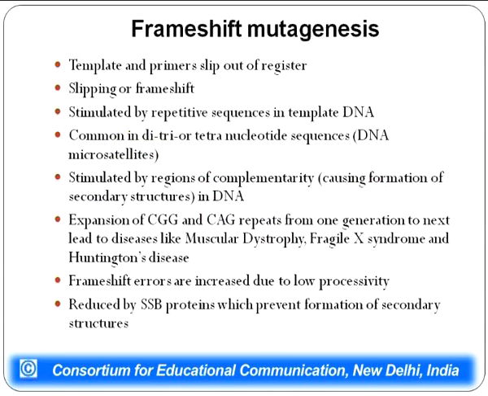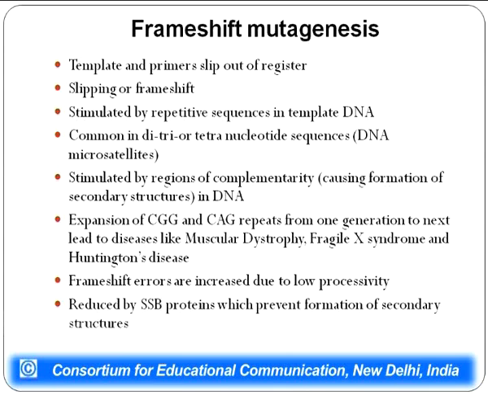Now, there are certain mutations known as frameshift mutations which occur whenever there is a repeat of dinucleotides or trinucleotides in the sequence of the DNA. These di or trinucleotides, when repeated a number of times, lead to slippage of the replication machinery. So much so that this dinucleotide or trinucleotide region might be increased in number or it might decrease in number.